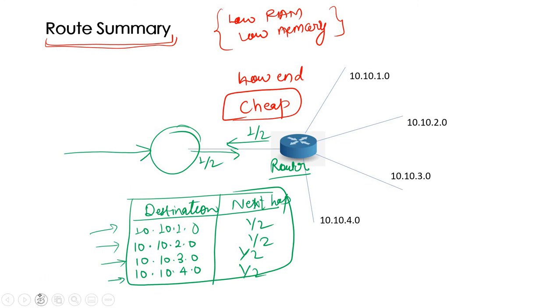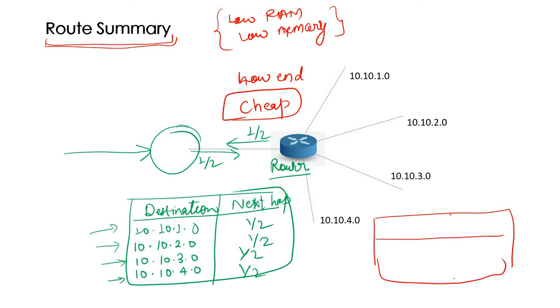So rather than having multiple entries, we can summarize this in this way. We tell the routing table, whenever you have any entry matching 10.10.0.0, meaning if it matches 10.10, then please send it to 1/2. You see that this part is summarized as a 0 network.